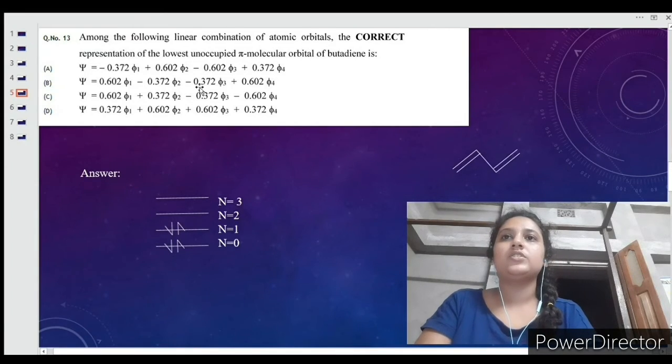So the total number of sign changes, from psi 1 to psi 2 and again psi 3 to psi 4, is equal to 2. That means the number of nodes for option B is 2. So this is the psi 3 representation, the representation for the LUMO. So this is our answer.